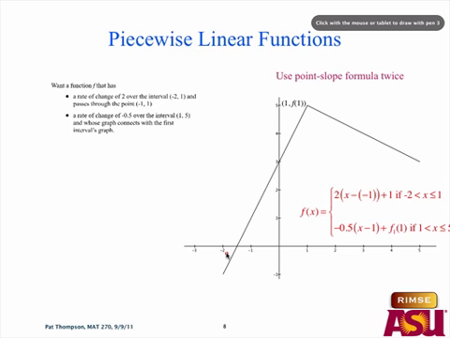For this interval here, from -2 to 1, we've got that first line, and we're specifying that interval here. And then from 1 to 5, this interval, we've got this line, and we're specifying the interval there.